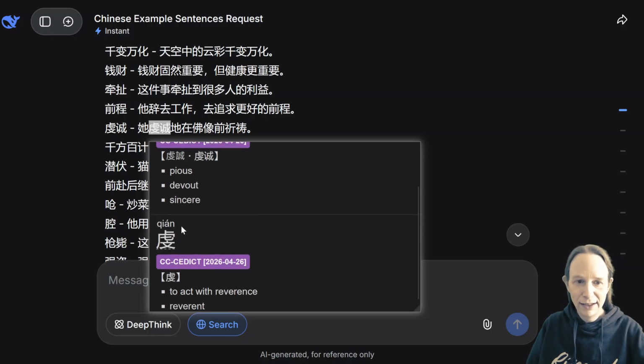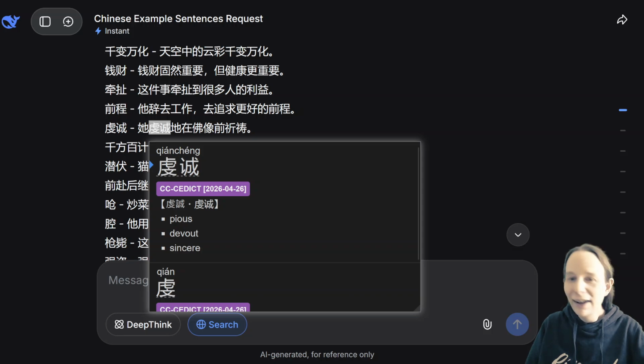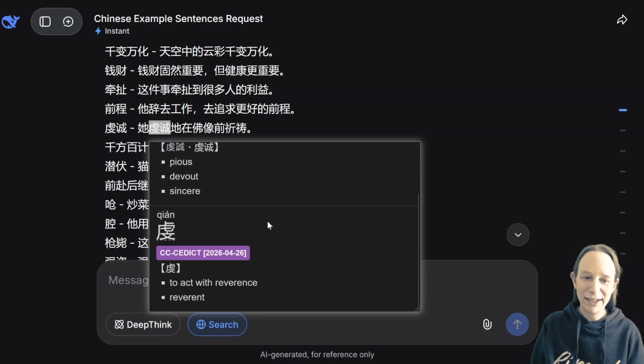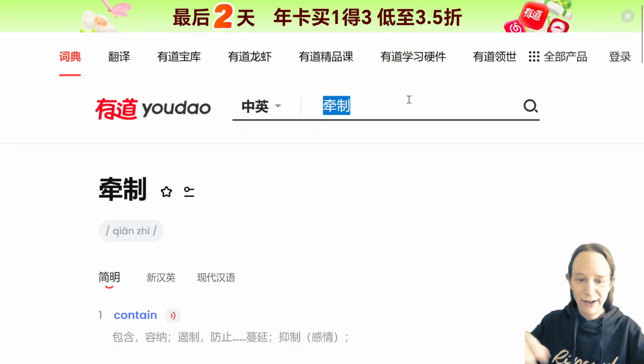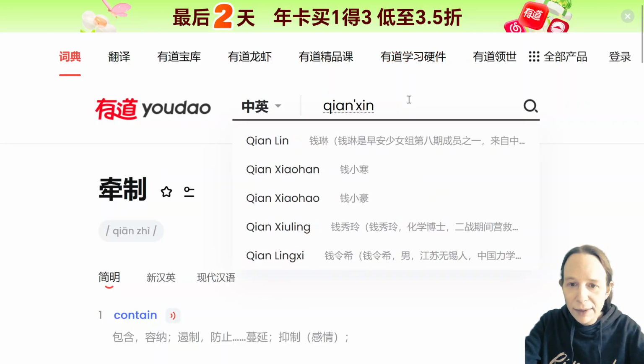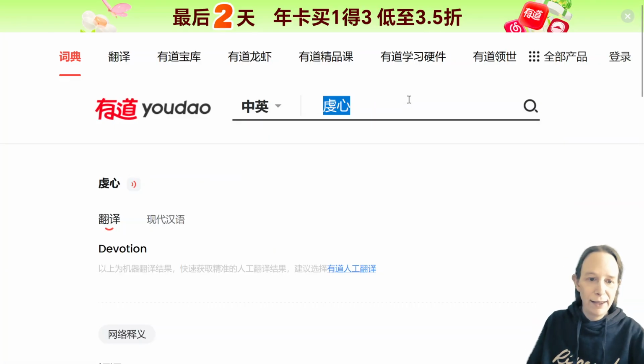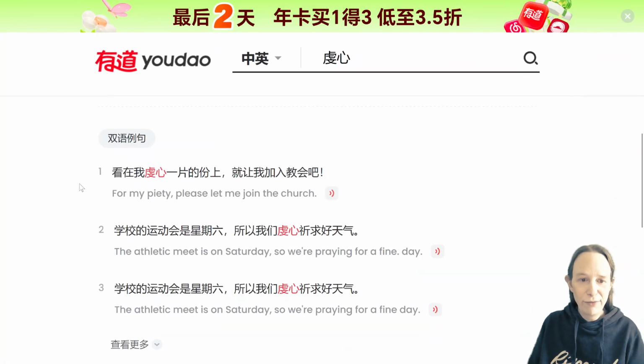Oh, 谦 is second tone. Okay, sorry, it doesn't come up very often. 谦, act with reverence. Oh, okay. Not exactly what I was thinking. So 谦. All right, so 虔心 is a word apparently. Devotion, reverence, 我虔信一片的分享, for my piety.